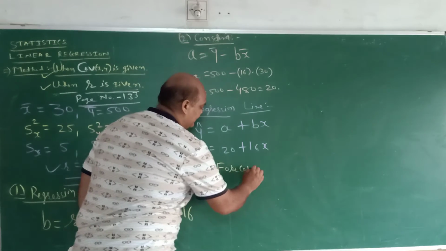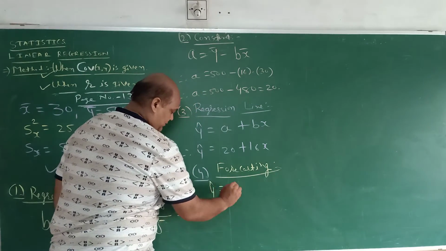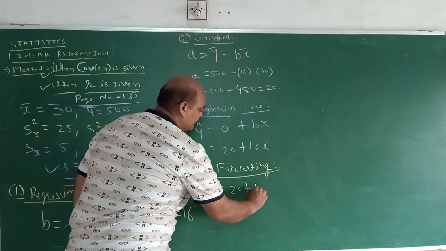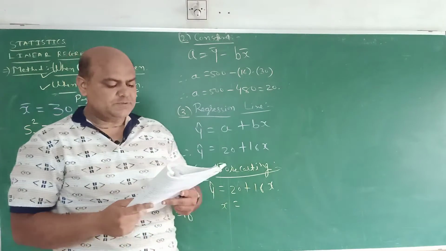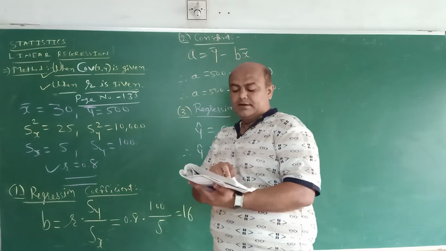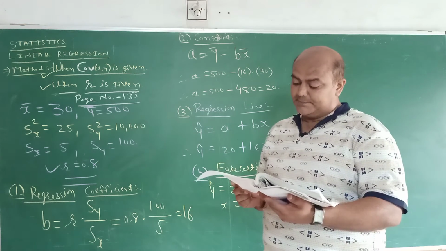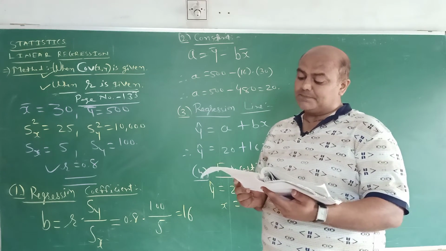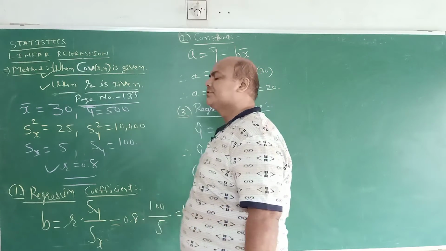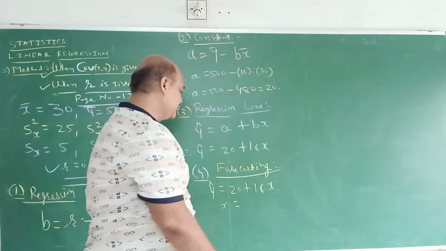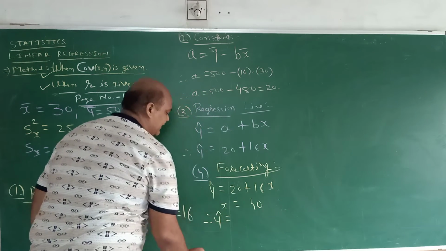Whenever they provide the value of x, we have to find the value of y cap by putting the value into the regression line. Here in this question they provide the value of x as 40. Estimate the supply of ball pen when its price is rupees 40. So x is 40. We put the value of x into the regression line.